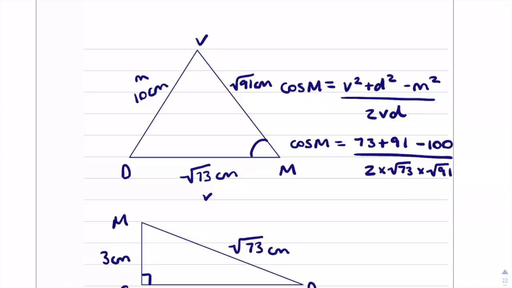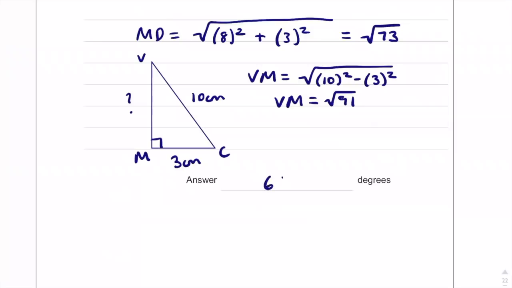But if you just do the inverse of cosine and then press the answer button on your calculator, we should get that M is equal to 66.9 degrees to 3 significant figures. And that is my final answer.